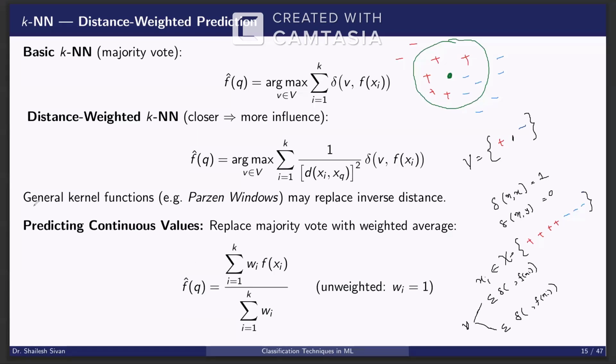In one case v is minus, and in the other case v is plus. And f of xi is the label of this particular observation. So we have to choose each xi and its corresponding label. So what will be this sum? What will be the sum?